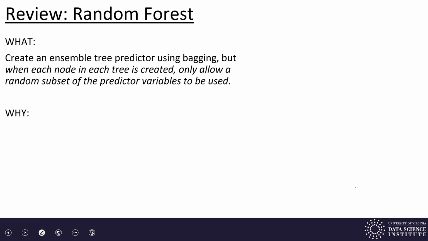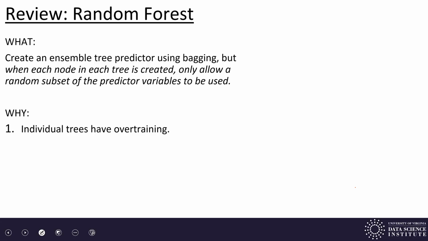Okay, review of random forests. Random forests are a way to create an ensemble tree predictor using bagging and random feature selection for each node. We've talked a lot about what goes on under the hood, and different ways you can see why they're useful. So why is this a good thing?